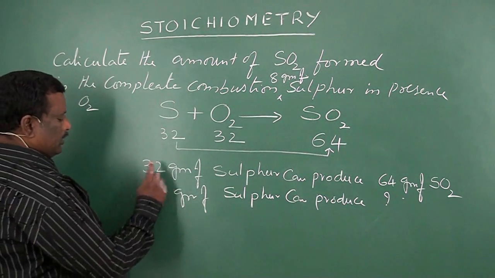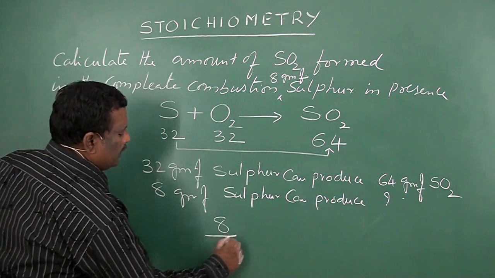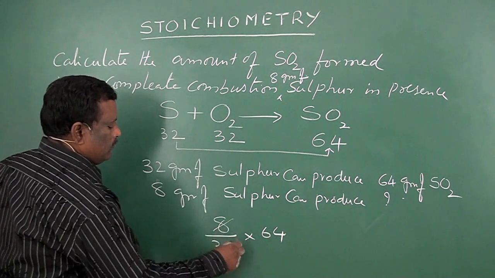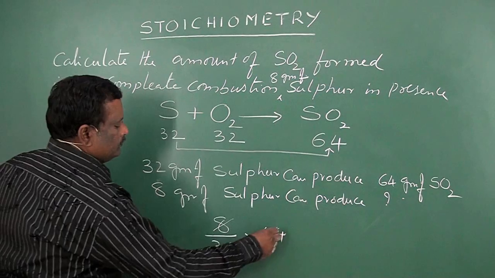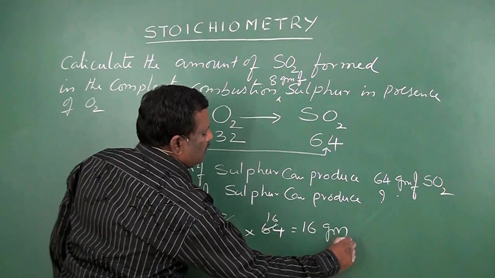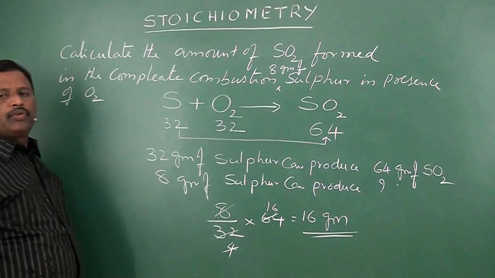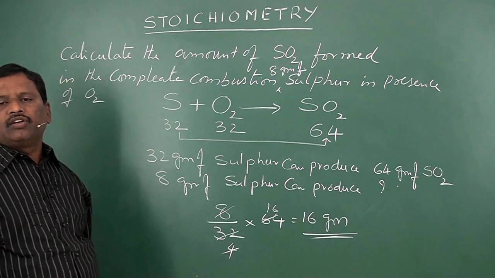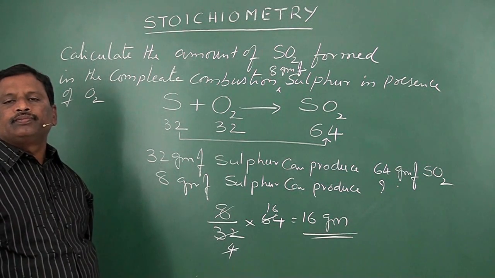So here 8 by 32 into 64, 4 times 4 is 16. So 16 grams of SO2 can be produced in the complete combustion of 8 grams of sulfur.